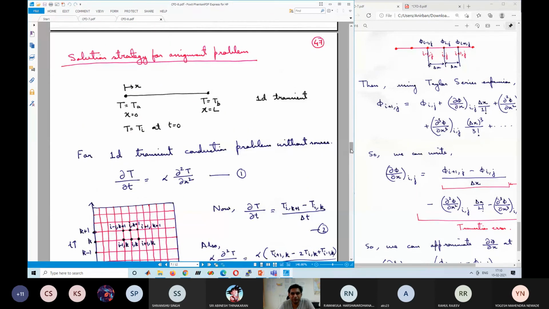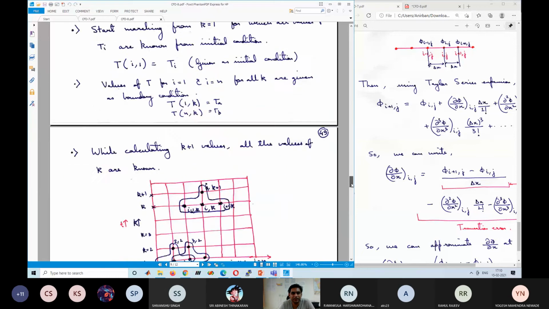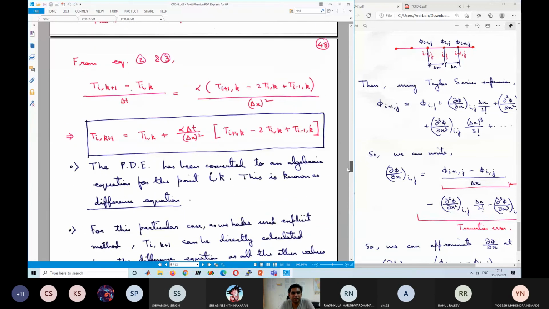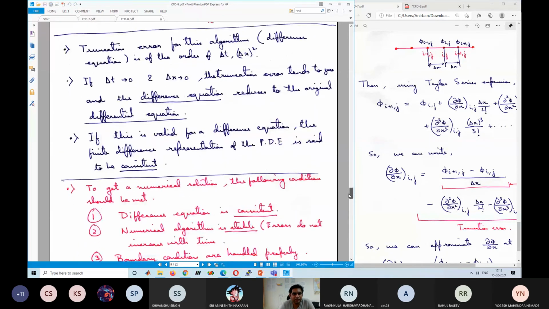Both become the same at the limit delta t and delta x tends to 0. If this condition is satisfied, we call the difference representation consistent.